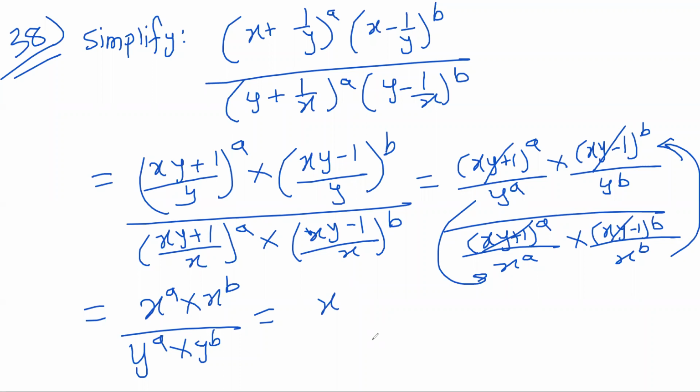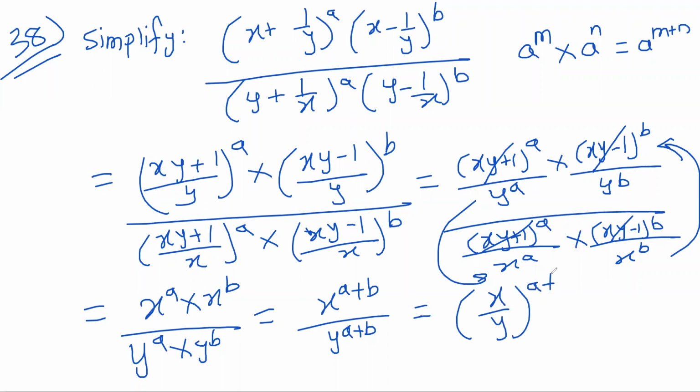What is x raised to a into x raised to b, who will tell? a raised to m into a raised to n, you know that. But I said b raised to m, sorry, I meant a raised to n. What do you get? a raised to m into a raised to n is a raised to m plus n. The final answer will be x upon y raised to a plus b. This should be the answer. Check it.